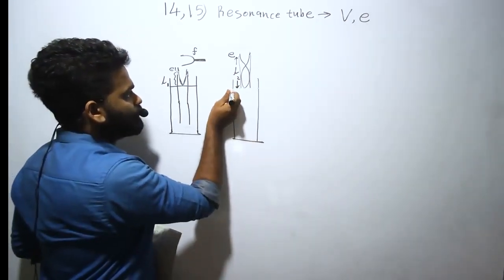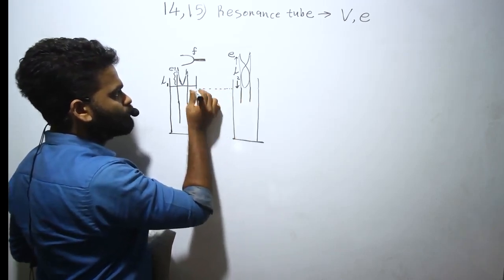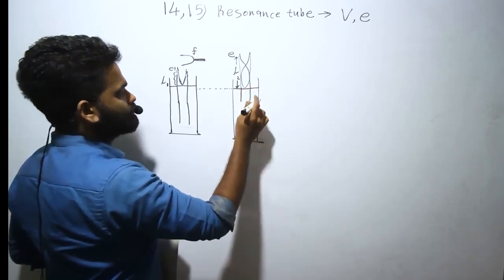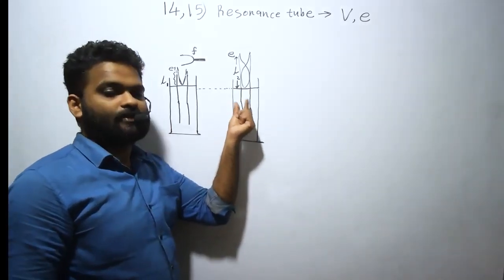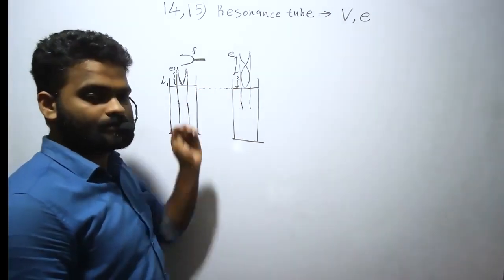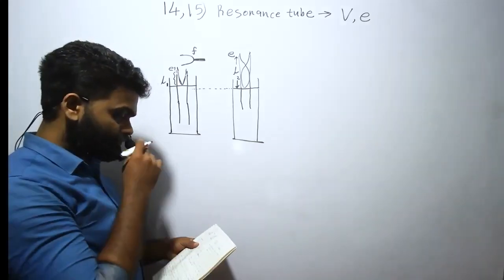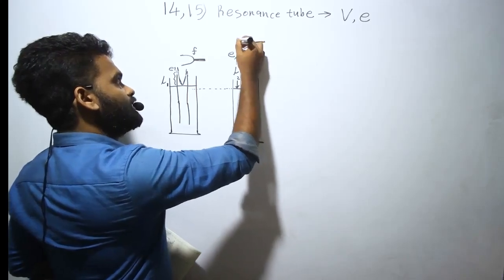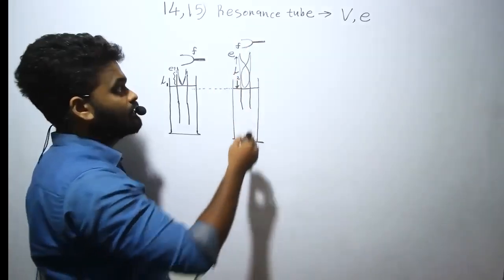You can notice that when you lift this pipe, the volume inside decreases, so the water level slightly drops. You do the same procedure, lifting it while holding the vibrating tuning fork above it.